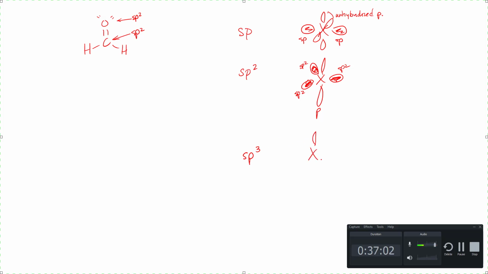We would have 4 hybrid orbitals, and all 4 of those would be sp3 hybrid orbitals. What would the geometry be? Tetrahedral, trigonal planar, and overall linear.